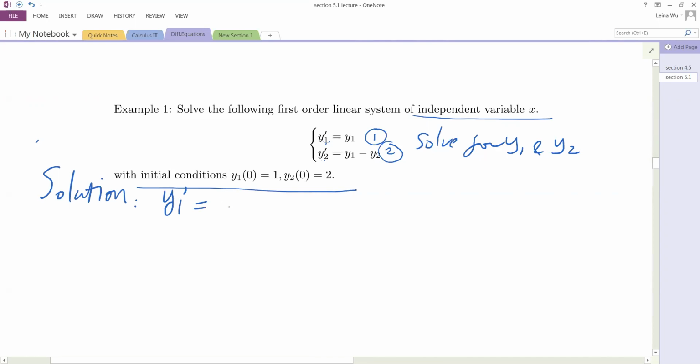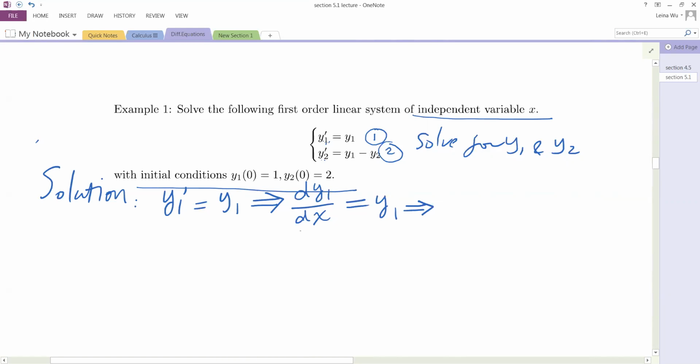y1 prime is y1, right? y1 prime is the derivative of y1 with respect to x, right? dy1 over dx equals y1. What can we do with this? Separable, yeah.